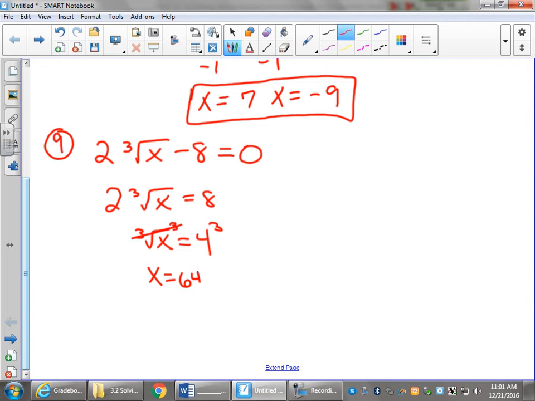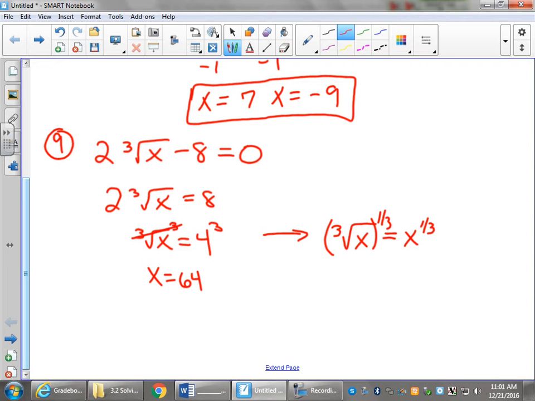equals 64. Did we do any evens, powers, or roots anywhere? No, so we don't have to worry about checking our plus or minus. What I just want to restate at this point is that when you have the cube root of x, that is the same thing as x to the 1/3. Those are equivalent. So if you try to do the cube root of x to the 1/3, that does not cancel.